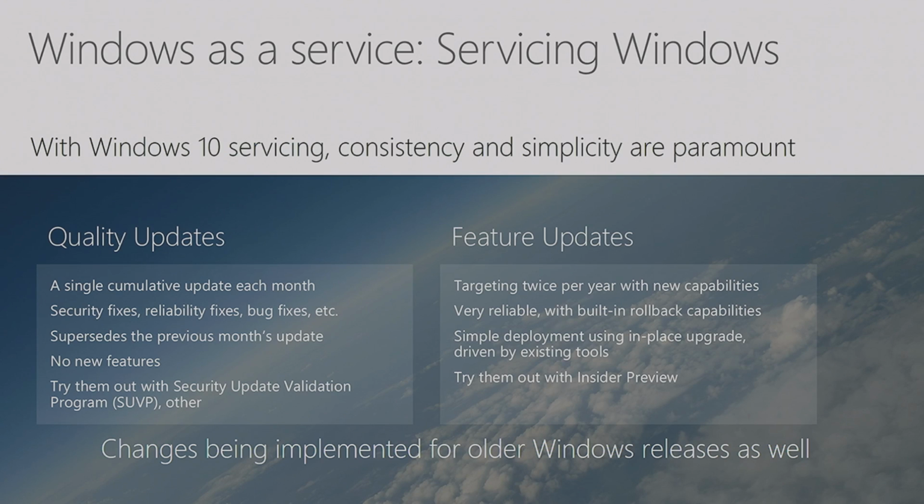That allows you to deploy those non-security fixes to potentially a subset of your population to validate them before the next Patch Tuesday, because the update containing the new security fixes will also have those non-security fixes in it as well, since everything is cumulative.